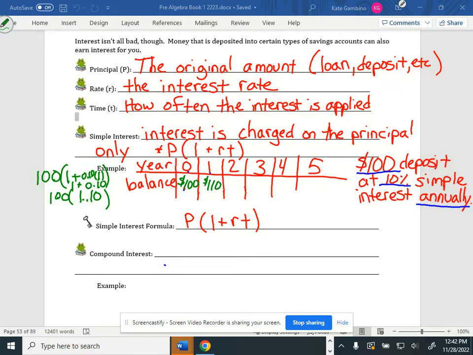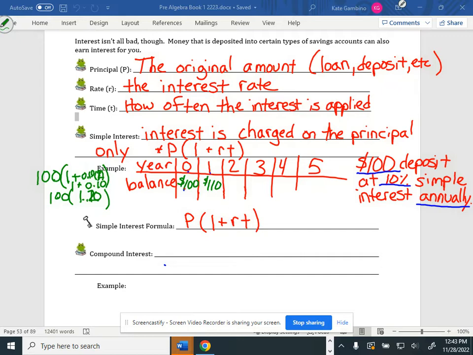So how much am I going to have at 2 years? What do you think, Gus? 120. And how did you find out 120, Gus? Because 10% of 100 is 10, so you keep on adding 10. So if we did the math, this time instead of having a 1 here for my time, I would have a 2, because it's after 2 years.